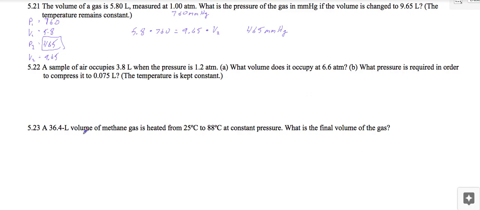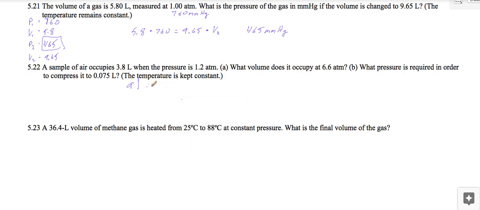This one is another Boyle's Law problem. I think we've done enough of these here, so I'm just going to give the answers. A is equal to 0.69 liters. Boy, could my handwriting be any worse on this thing?